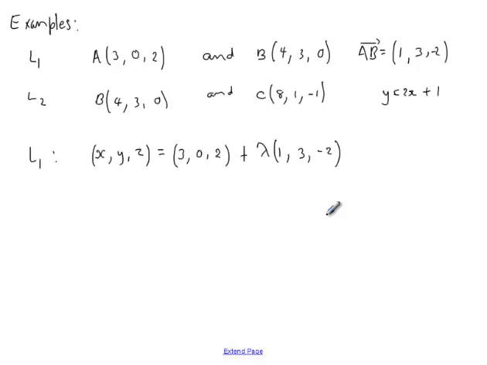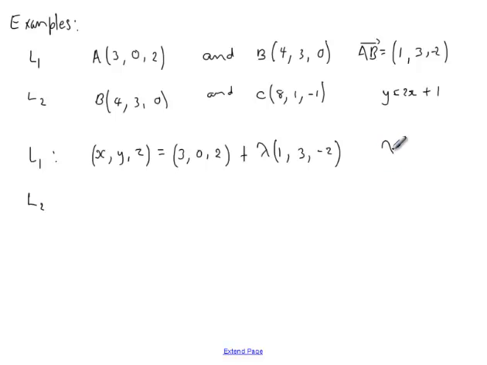So now let's try to answer the second question, the second line. So that one is my answer. Yeah, this is the parametric equation. But why have you made use of lambda?